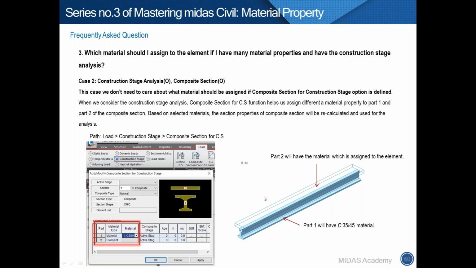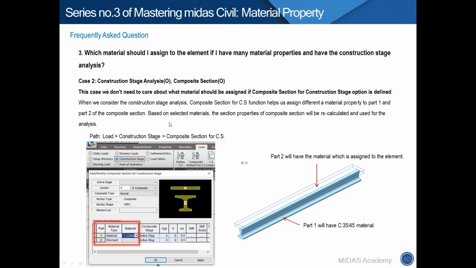And case number 2 is considering the composite section with the construction stage analysis. When we consider the construction stage analysis, we use the composite section for construction stage option, like this, because this option has to see the construction sequences of the composite section.